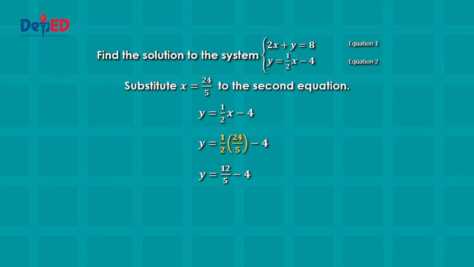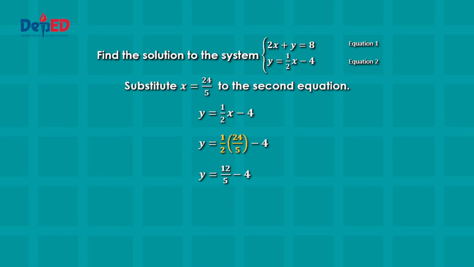To subtract the similar fractions, we need the LCD, or the least common denominator, of 12/5 and 4. Then make them similar. The LCD is 5, which means we can write this as the difference between 12/5 and 20/5.